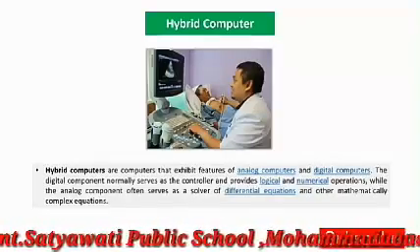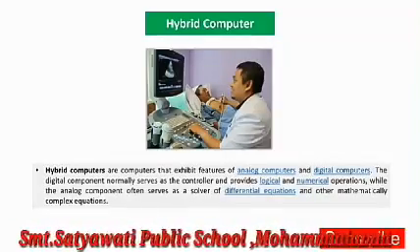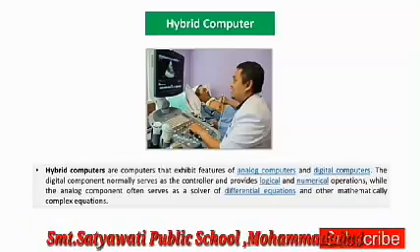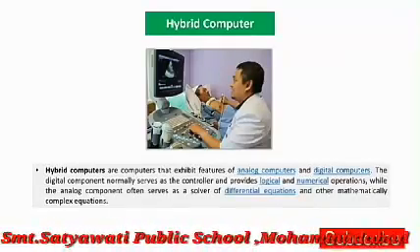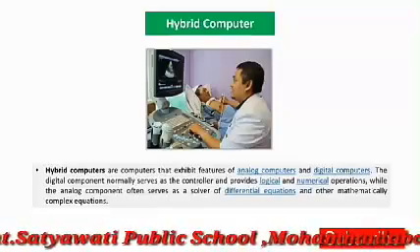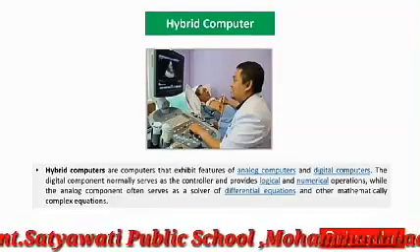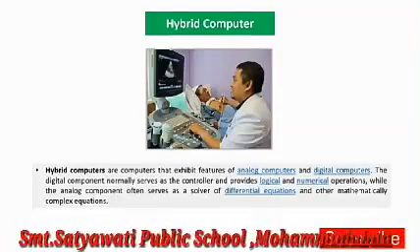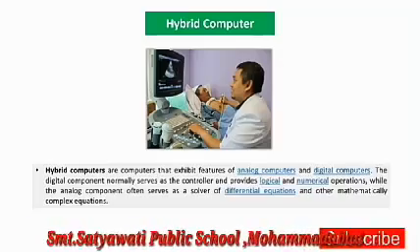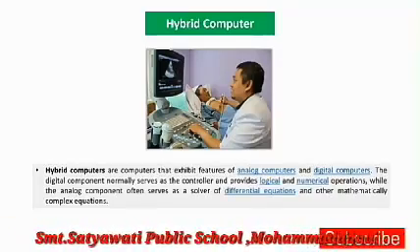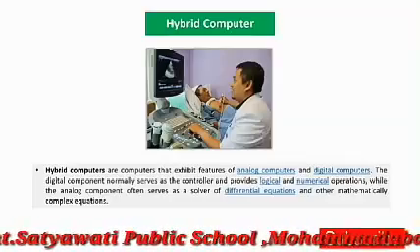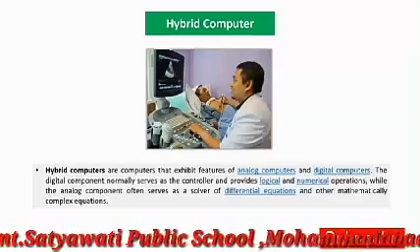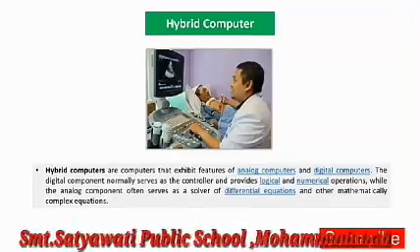In simple language, such computers, the hybrid computers, you find in a hospital where they need to check the heartbeat of a patient. At the same time they need some accurate data also. So a combination of analog and digital data are working together. Such kind of computers are called hybrid. Hybrid means both the features, analog as well as digital, that forms a hybrid.